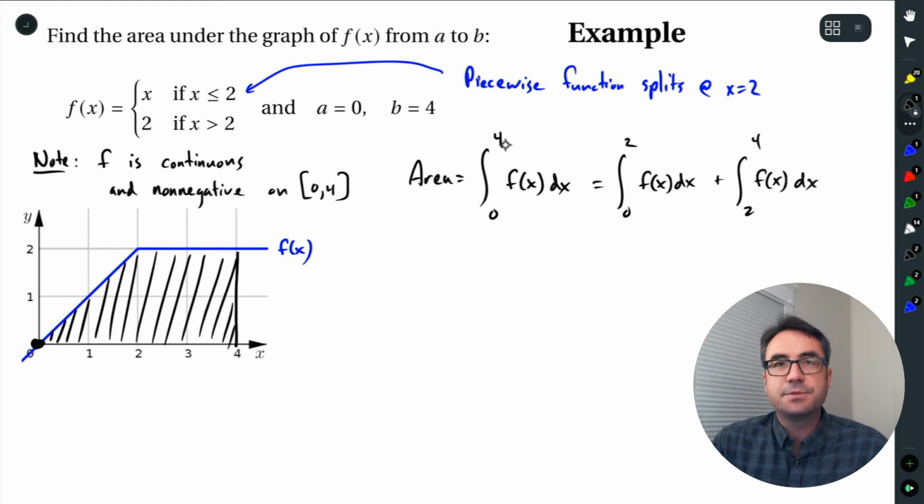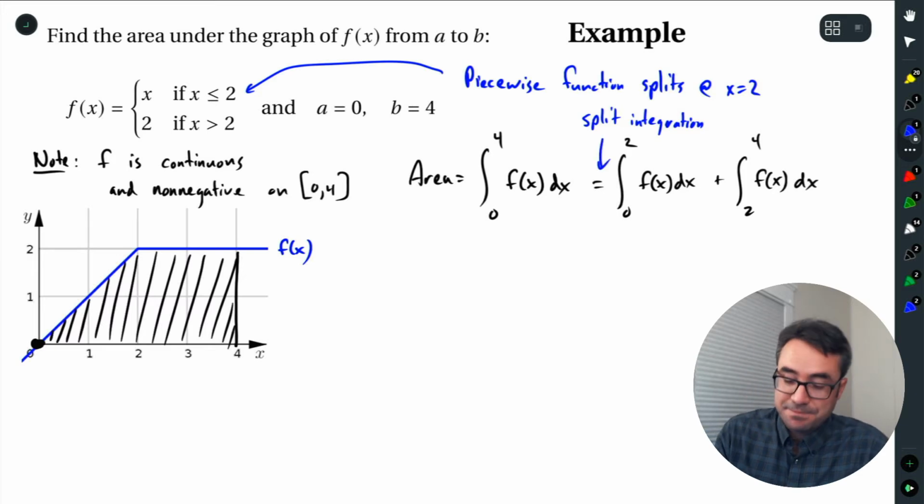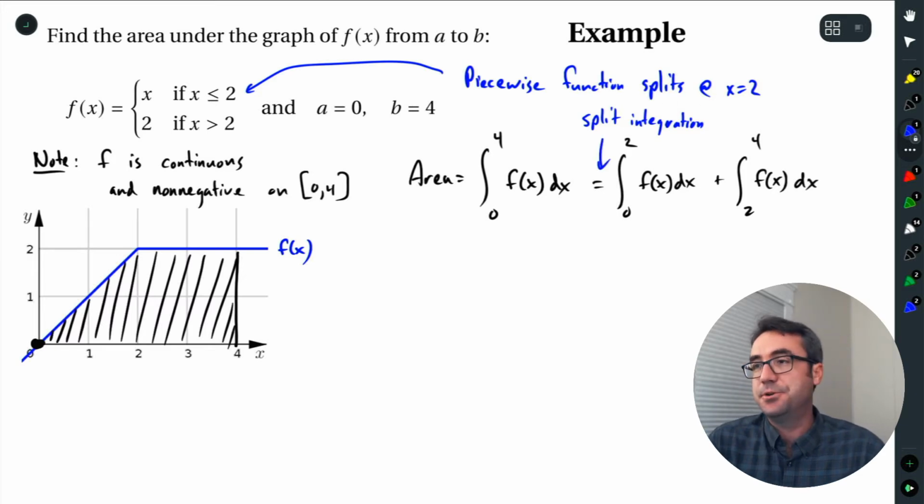If we're integrating from 0 to 4, we can integrate from 0 to 2, calculate that integral, integrate 2 to 4, and it should be equal. So what we're doing here is splitting the integration, and that's because our piecewise function splits at x equals 2. So that's where we broke this up into two separate definite integrals.